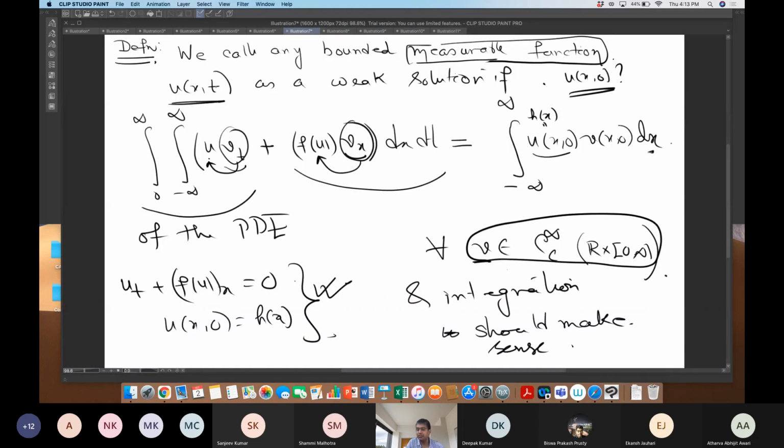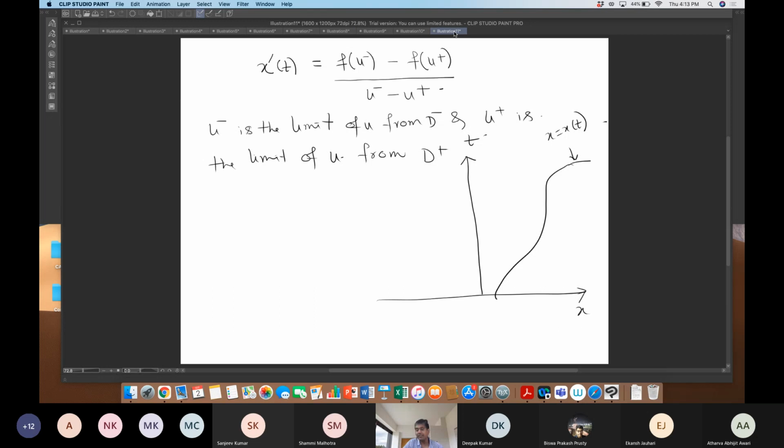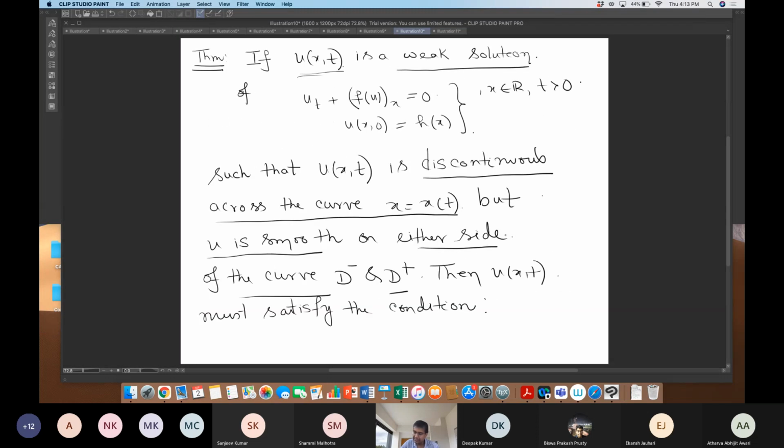That means u(x,t) satisfies the integral from 0 to infinity, minus infinity to infinity, of u v_t plus f(u) v_x equal to zero. And it is given that u is a smooth function here. D minus is this left side and D plus is this right side. Do you understand D plus and D minus? Either side of the curve, D minus and D plus.